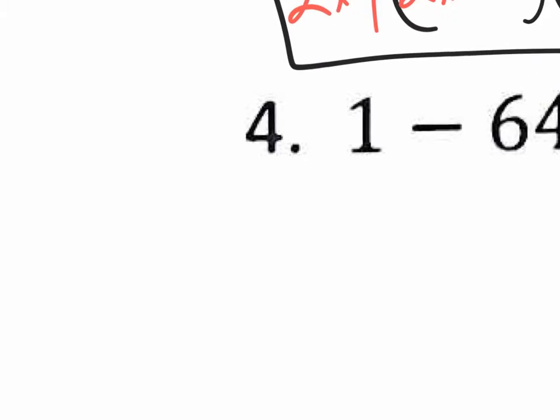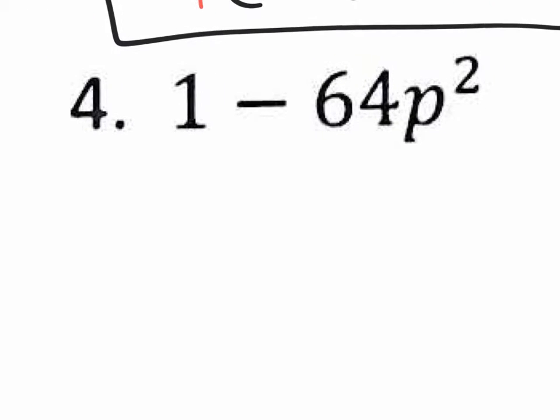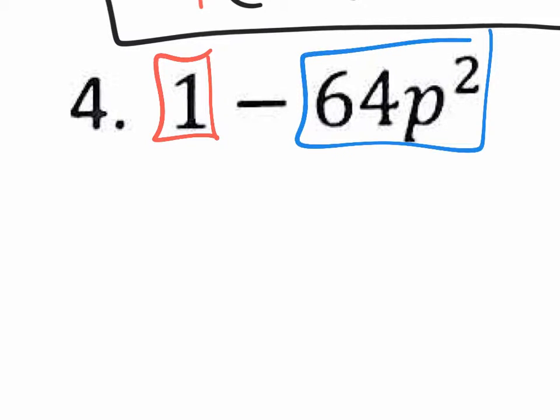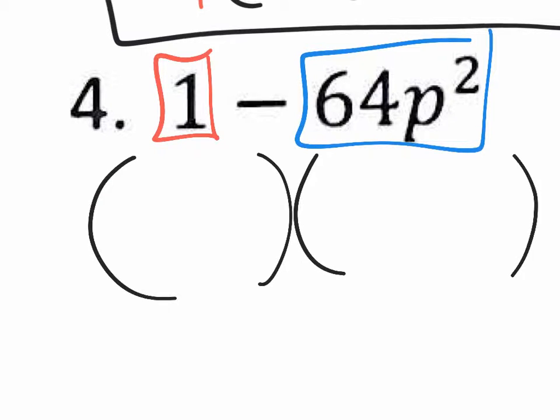Moving on to number 4 right here. Do we have a difference of two perfect square terms? The answer is yes. We do have a difference. Let's do the square root of 1, and let's do the square root of 64p squared and plug it into our factored format here. So what's the square root of 1? It's 1. What's the square root of 64p squared?